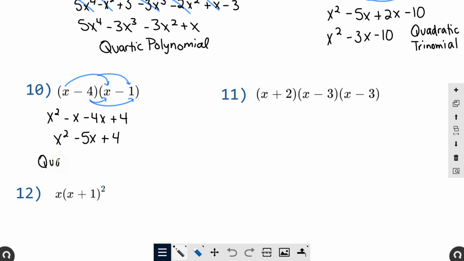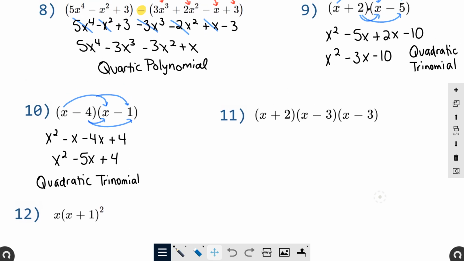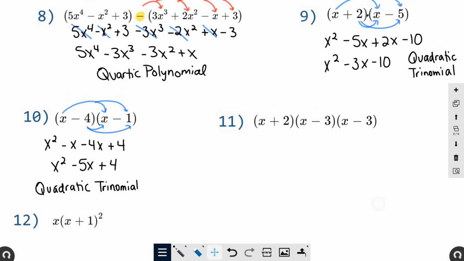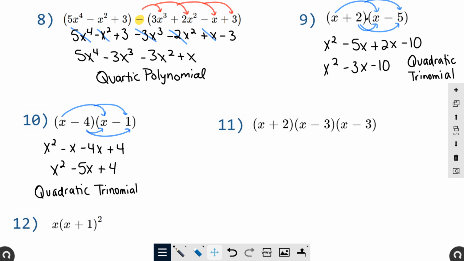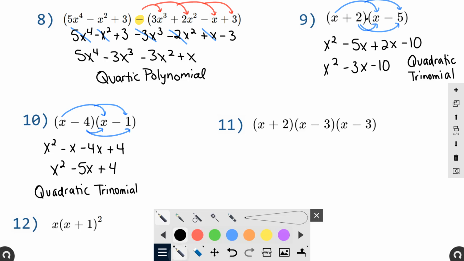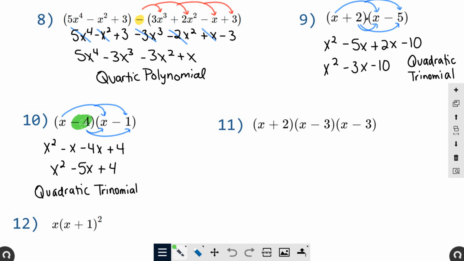Good. There are some helpful hints that can help you multiply these really quickly. It's kind of like when we factor, and we're going to talk about them again tomorrow. But if you see these little binomials that you're multiplying, x plus a number, x minus a number, you can get to this problem real simply by adding these two parts together.